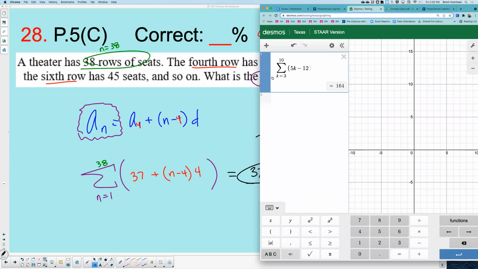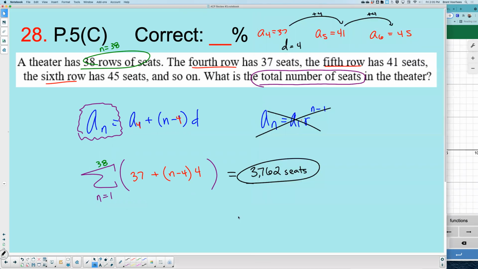So we're checking from n equals 1 to 38, and our equation was 37 plus n minus 4 times a 4 on the outside. Yeah, 3,762. Check to make sure you put a 4 there. That'll be required to get the right answer. Okay.